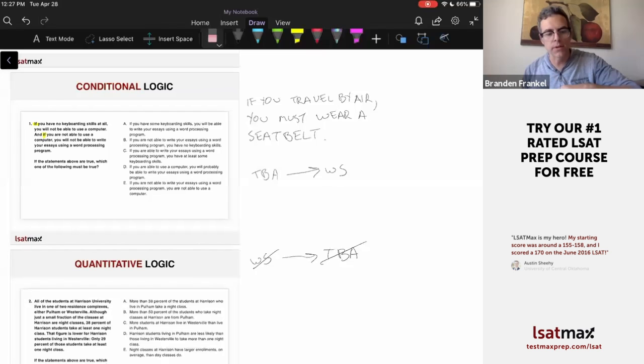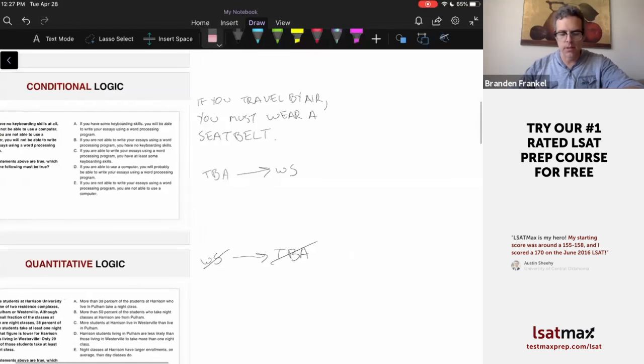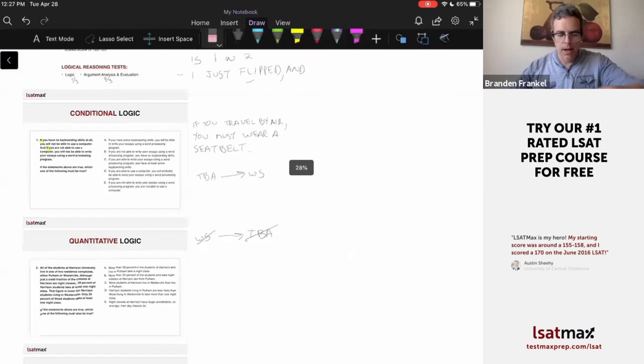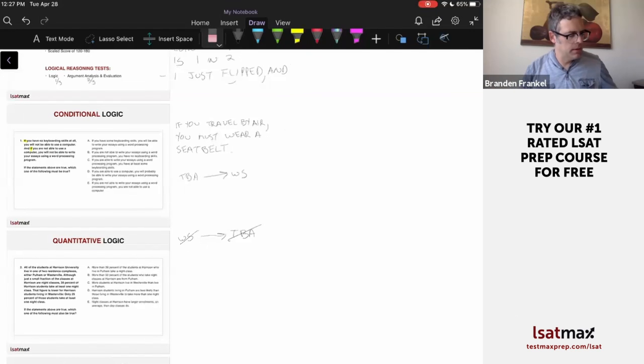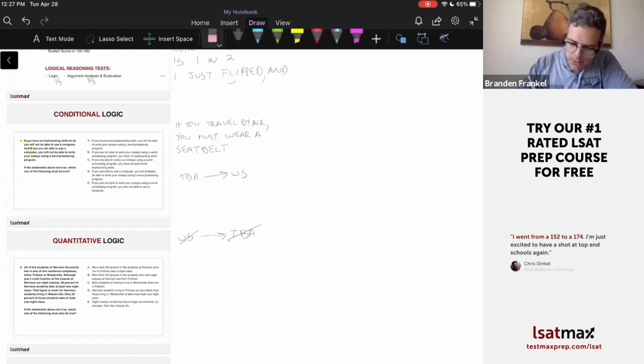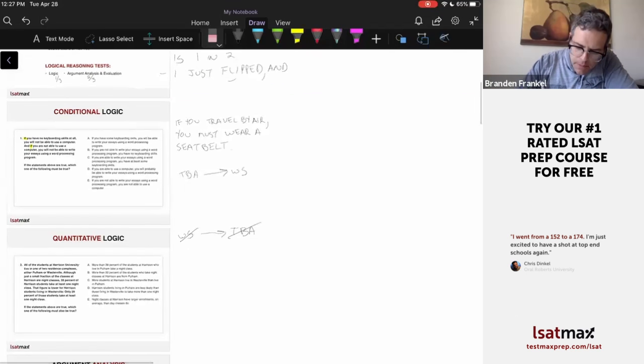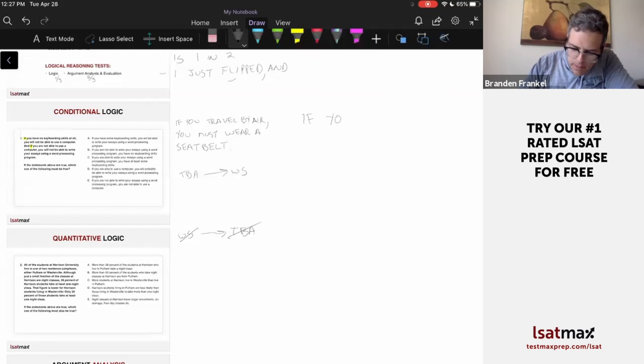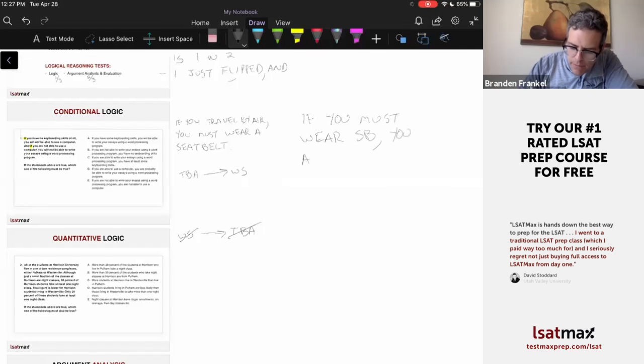Let me give you one more example and we'll see the other thing that you need to do to address this question. Let's say I told you this. If you must wear a seatbelt, then you are traveling faster than a person can walk.